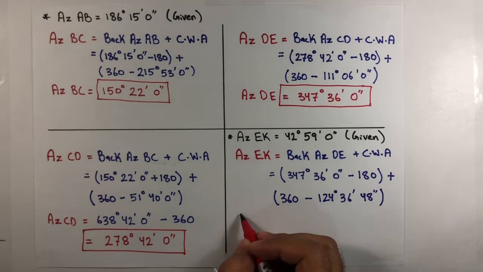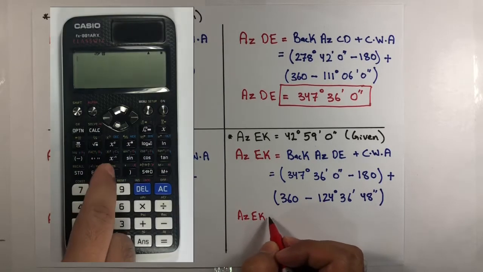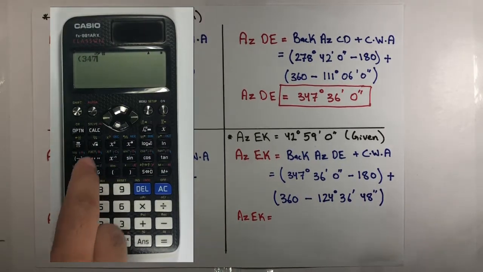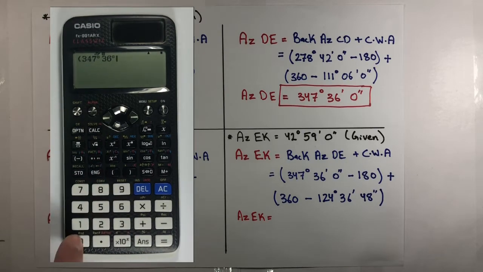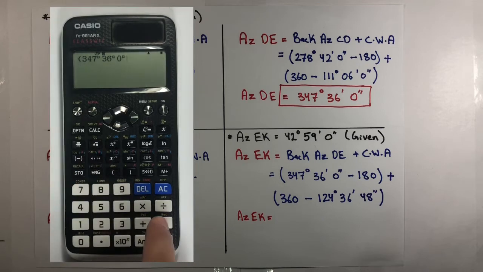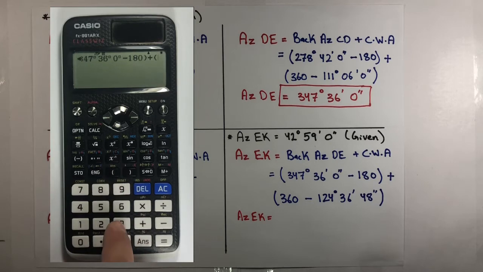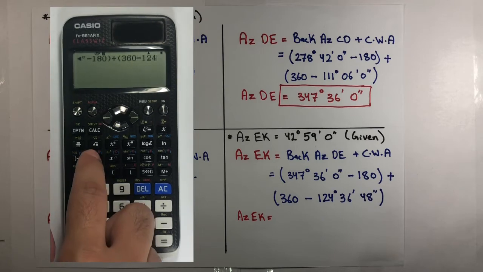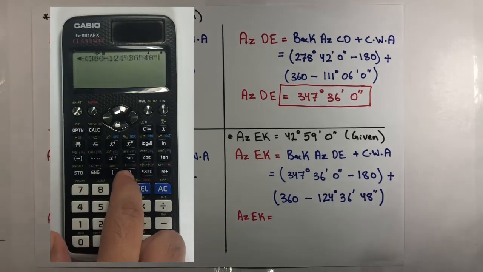Okay, and the azimuth of EK is equal to, let's do the calculations, 347 degrees, 36 minutes and 0 seconds minus 180 degrees plus 360 degrees minus 124 degrees, 36 minutes and 48 seconds.